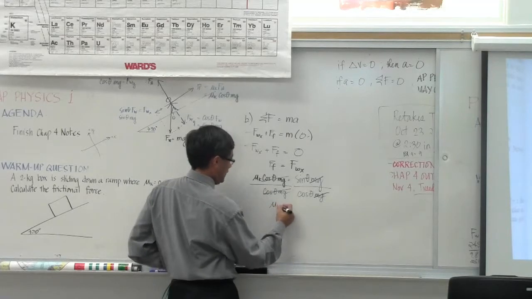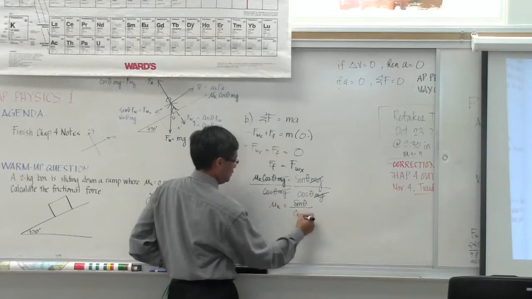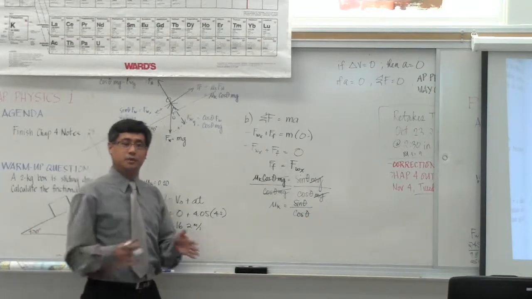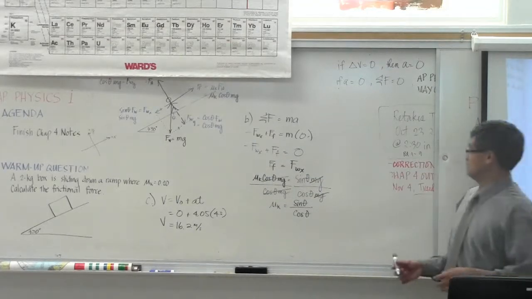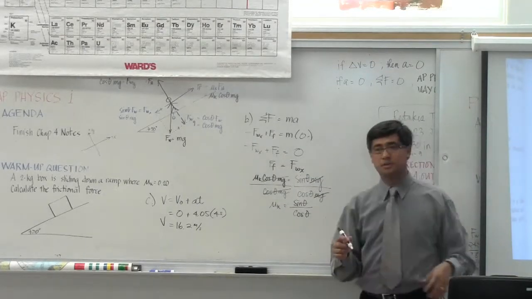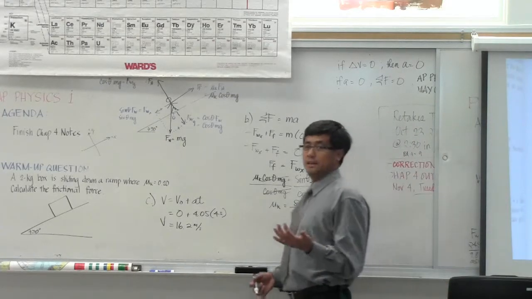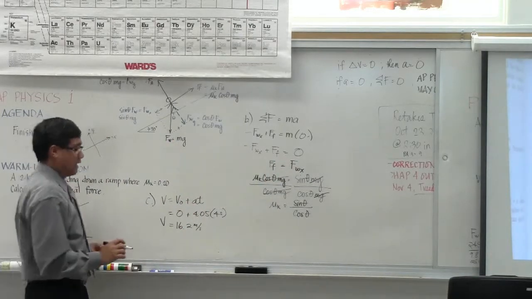So mu sub k now is equal to sine theta over cosine theta. And if you studied pre-cal last year, do you remember what sine theta divided by cosine theta is? It's actually equal to tangent theta. You can simplify it. But let's just say we did not study pre-cal yet.